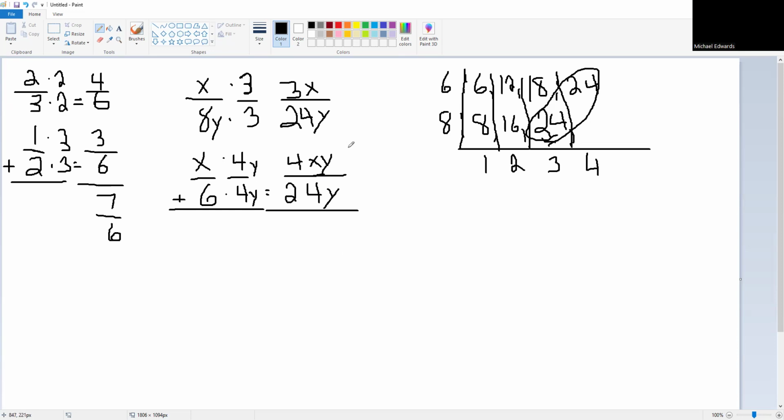So the solution to this is we do our addition, which would be just 3x plus 4xy. Now, because these terms are different, x is different than xy, we can't do anything else with it. We just write it down like that.